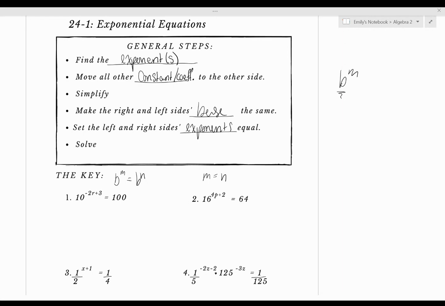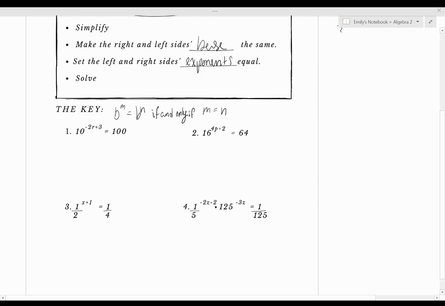It's totally impossible for m and n not to be equal in this case. So we'll say if and only if. So we can use this concept to our advantage when we're working through these problems. It makes this easier for us because once we get those bases that are the same, then we can just cross them out and work with the exponents.